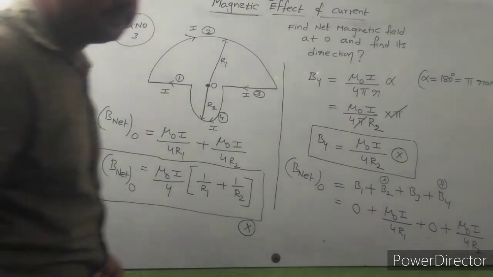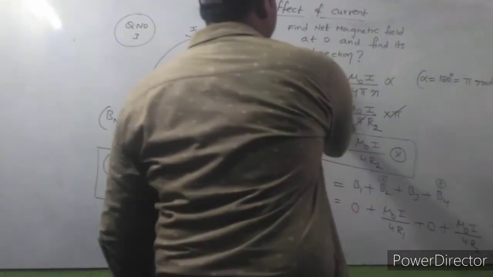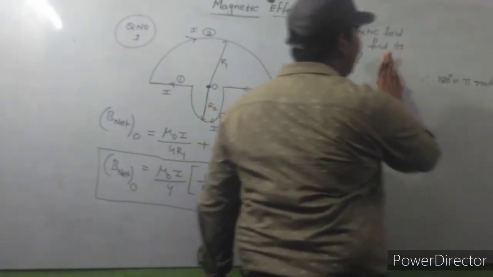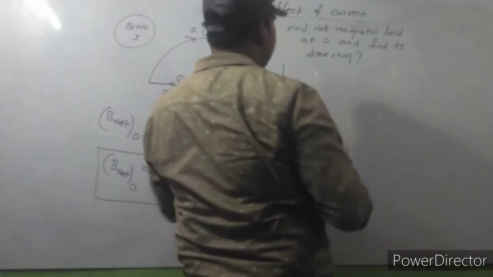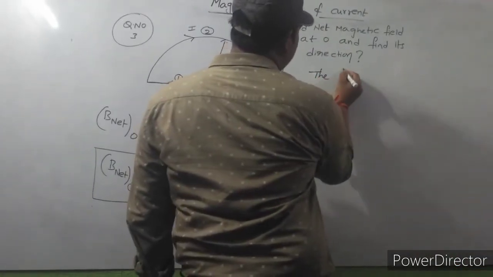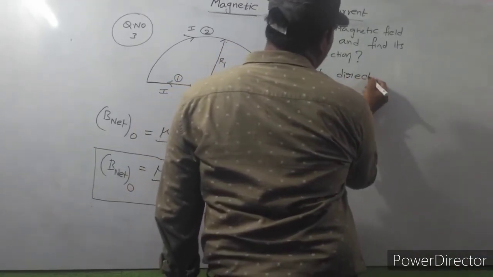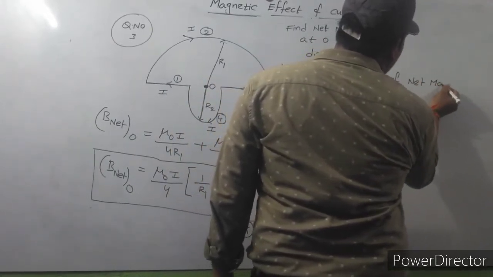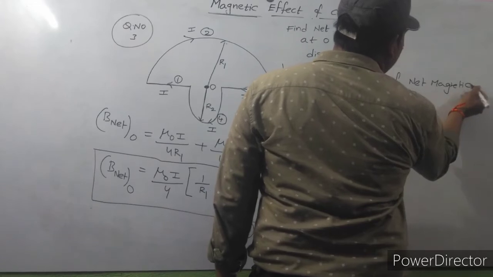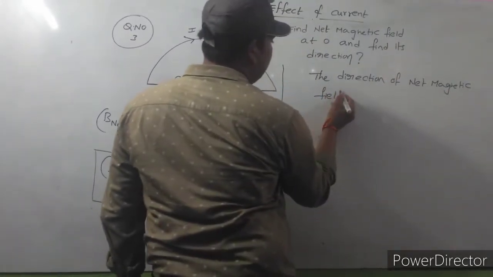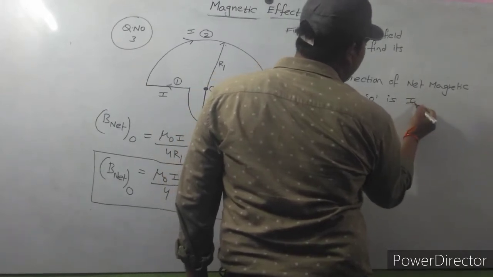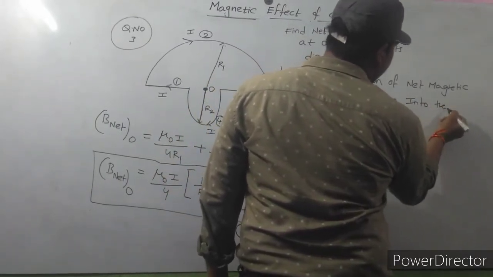I will write here: the direction of net magnetic field at O is into the plane of paper.